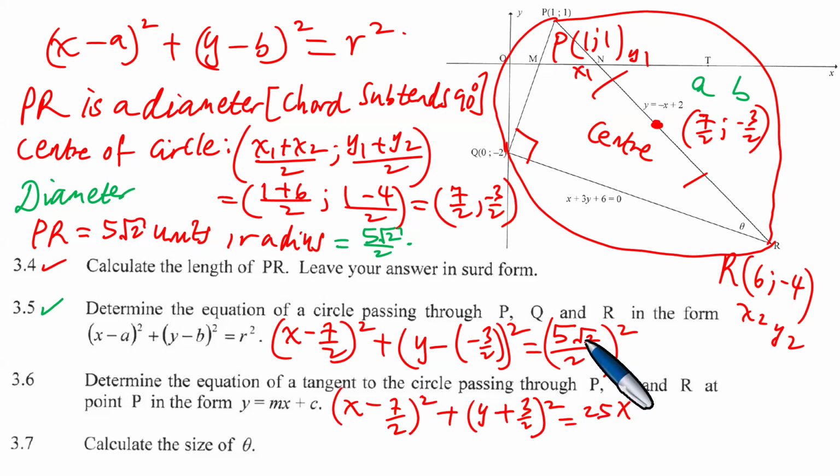You square the square root of 2, it becomes a 2. And you square 2, it becomes exactly a 4. If you simplify these, 2 goes how many times into 4? It goes 2 times, and this gives us exactly 25/2.